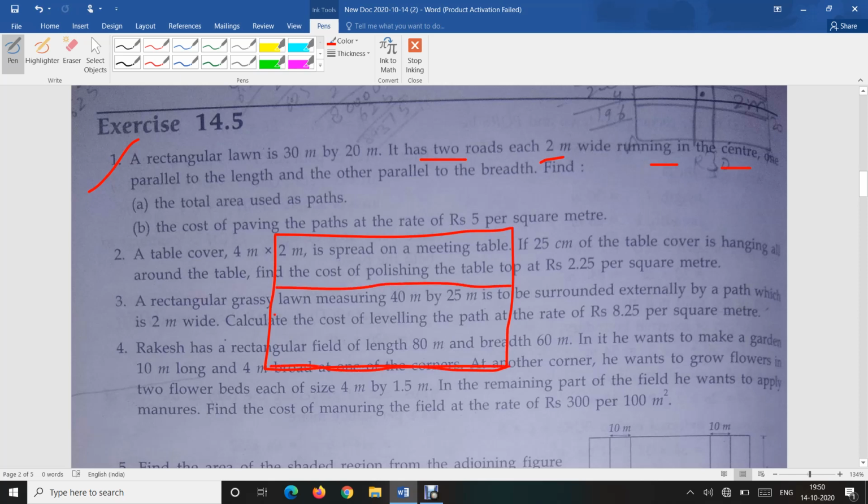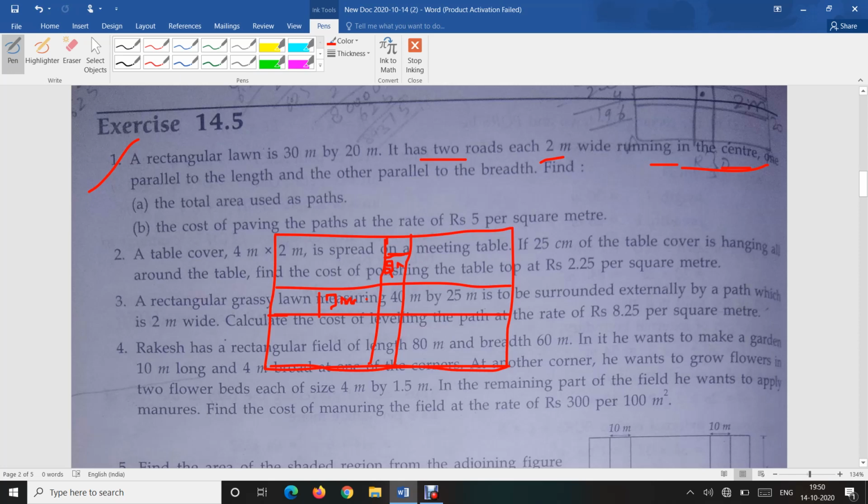So parallel to the length, the road is this whose width is 2 meter, and the other is parallel to the breadth. We draw it in the center, and also the width of this road is 2 meter.